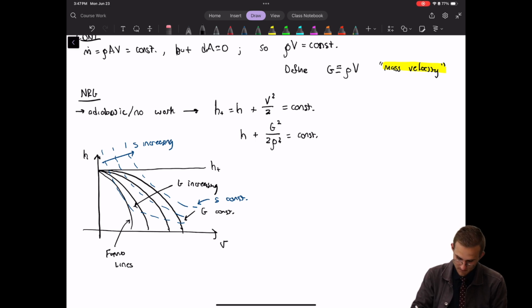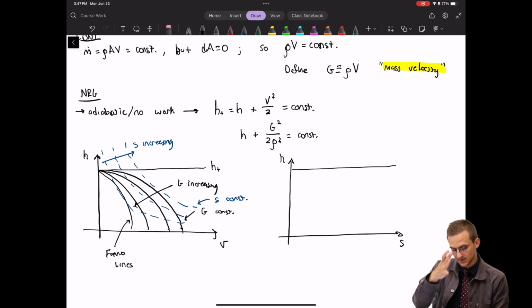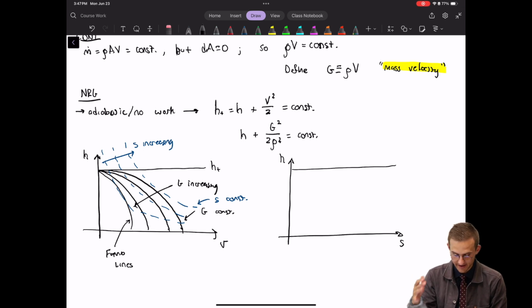Okay, and then if we do this, we also draw the properties H versus S, which is, to be frank, the more important diagram. You can look at the diagram on the left and imagine if all of those lines of constant S that we drew with the dotted lines were just the x-axis and they were flattened. You can see that the Fanno lines now have this general shape where they're like a parabola on its side.